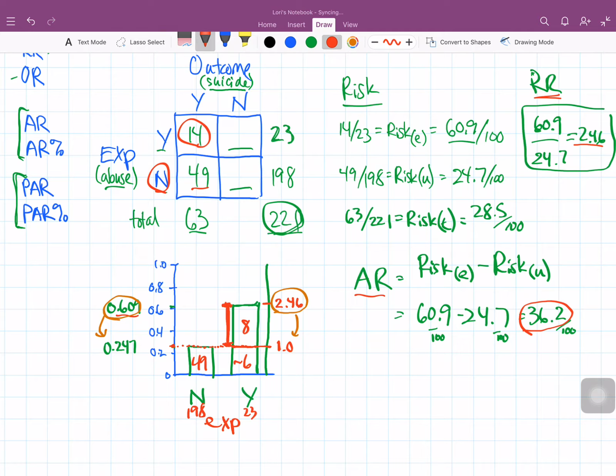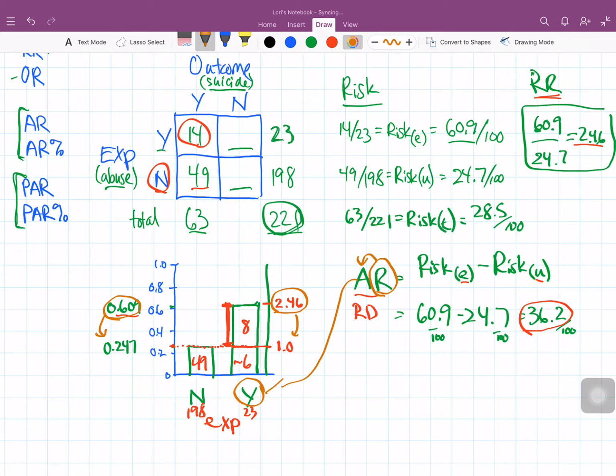Now, attributable risk has lots of different names. You will see it called risk difference. The book very well pointed out that it could be a risk difference, a rate difference, a prevalence difference, or a mortality difference. And so here we have whatever's happening, mortality or risk or prevalence, in the exposed group minus the unexposed group. And so this is how much of the risk can we attribute to the exposure itself.